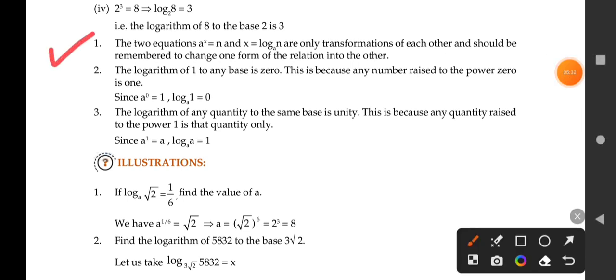Let us see these conclusions or some important points to remember. The two equations a power x is equals to n and x is equals to log n to the base a are only transformations of each other and should be remembered to change one form of the relation into the other.